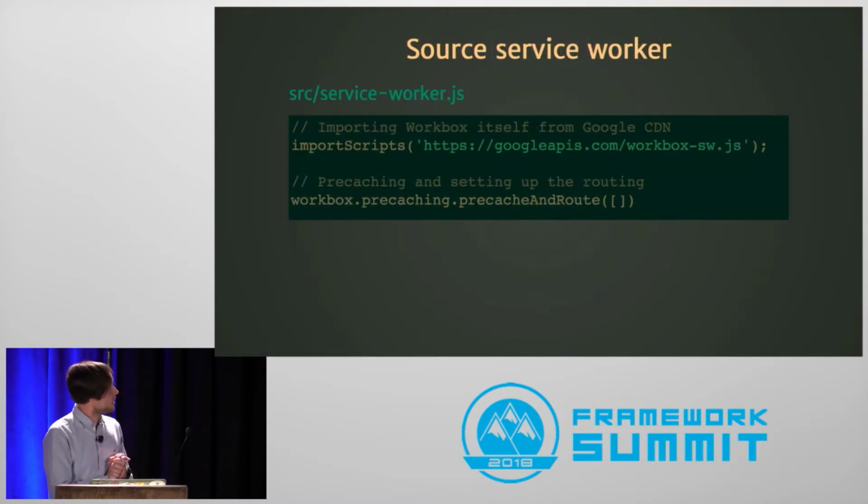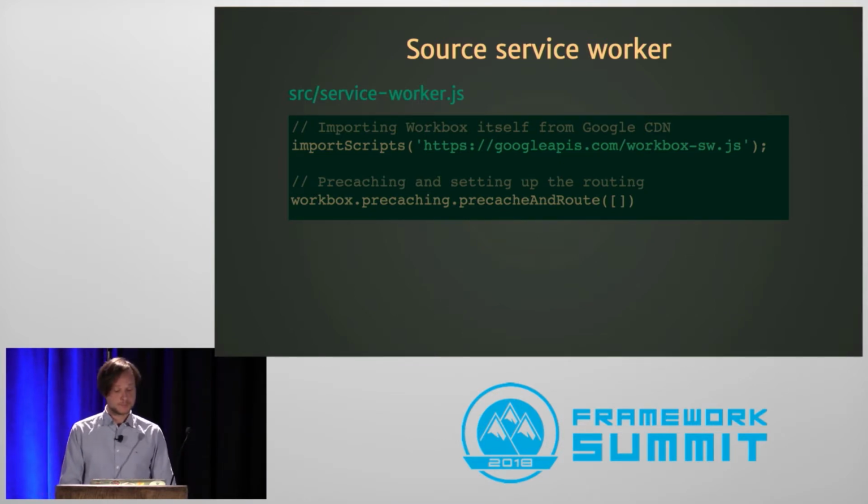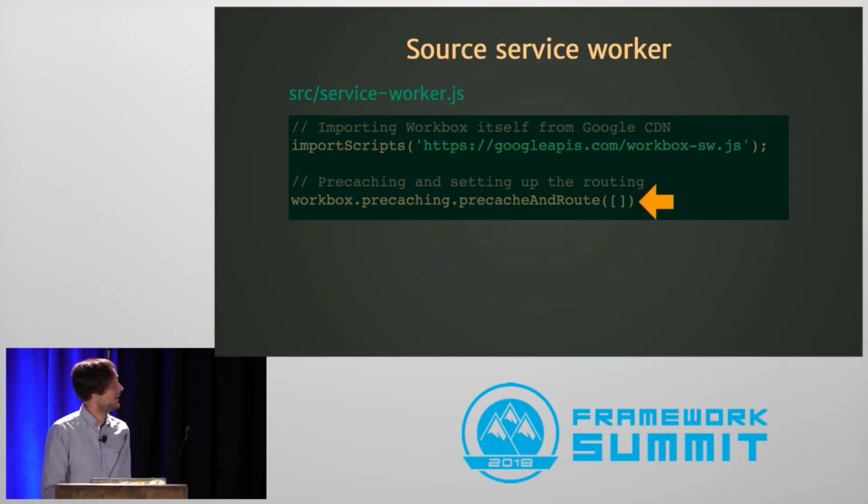Service worker JS. First line, we import the Workbox library itself, which gives us all this magic. And here the precacheAndRoute method, which contains an empty array, as you see. Exactly here we inject this list by just calling this inject manifest method. So just a simple file operation.